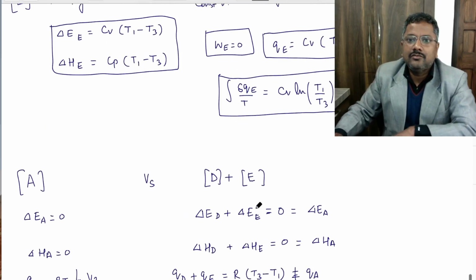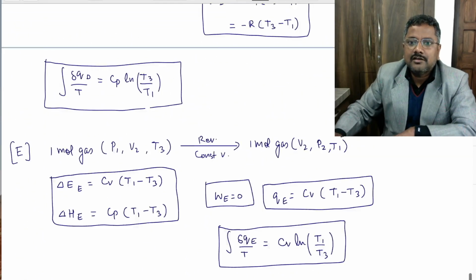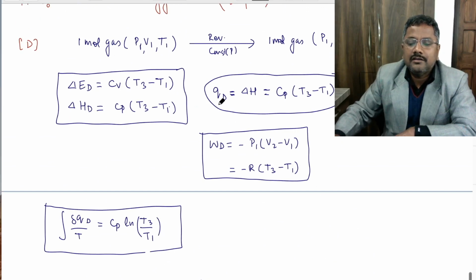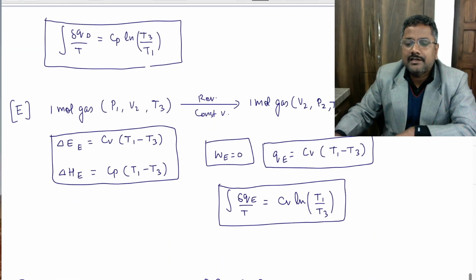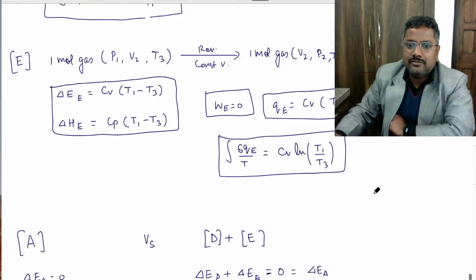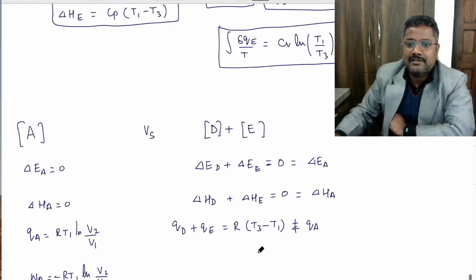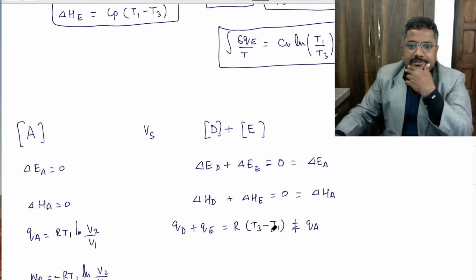See, QE is CV (T1 minus T3) and QD is CP (T3 minus T1). So if you subtract this, you get CP minus CV is equal to R. So you can prove this.